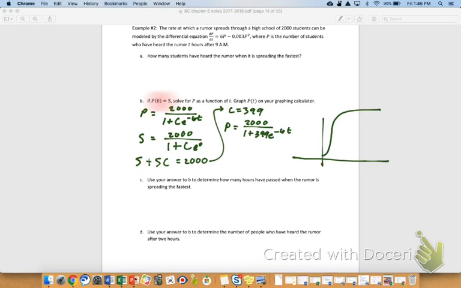Great question. Let's think that over. I'm thinking it's probably going to be unitless, but let's figure it out. So dP/dt would be people per hour equals 6P times 1 minus P over M. So 1 doesn't have any units.